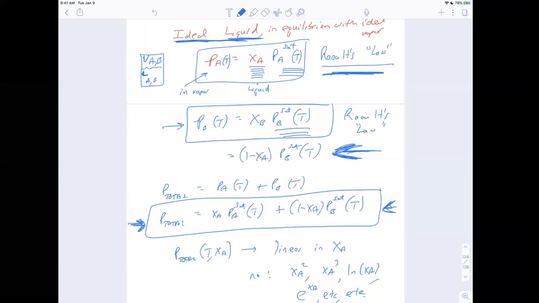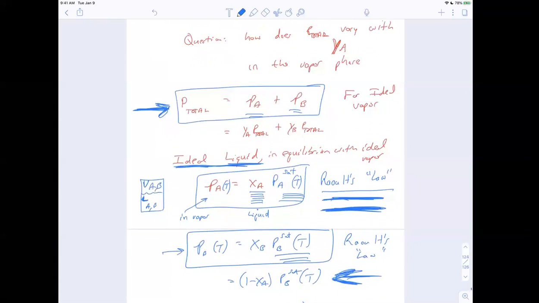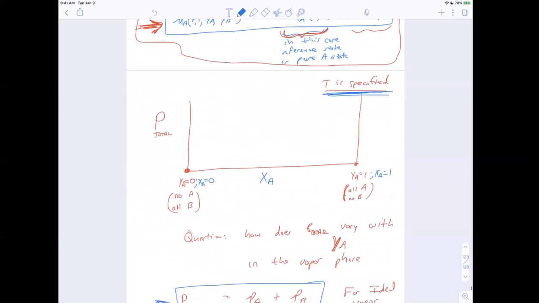So let's start with that. P_A is given by this expression. When x_A is 0, P_A is 0, and when x_A is 1, P_A is going to be P_A sat. That's pretty obvious. If you go back to our line, when x_A is 0, the partial pressure from A is 0, and when x sub A is equal to 1, it's the vapor pressure of A, P_A sat.